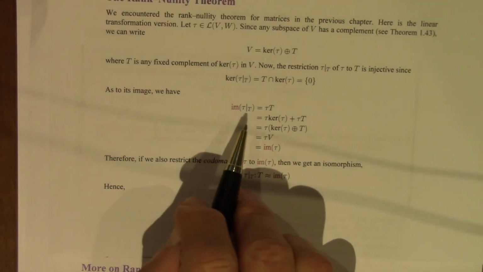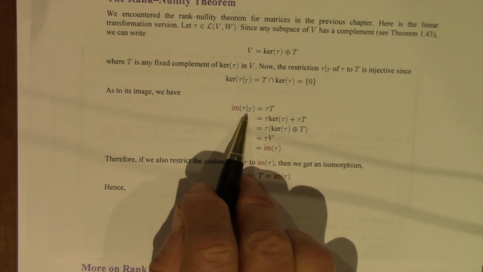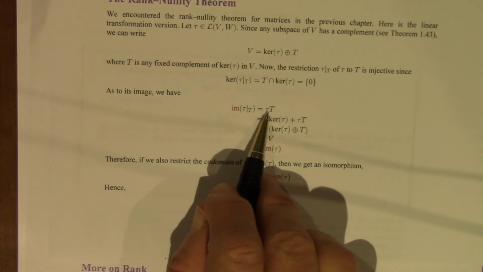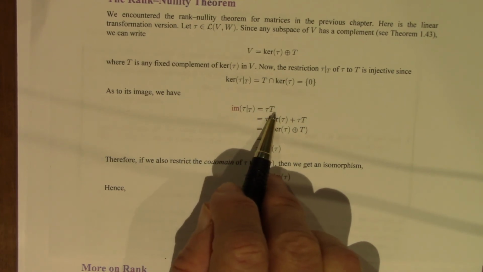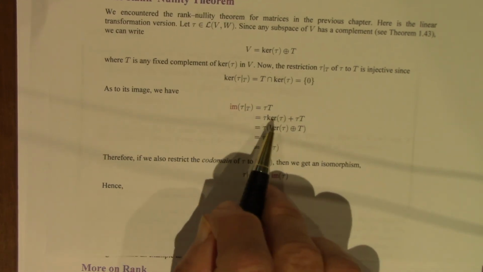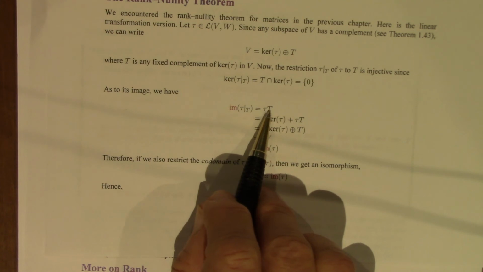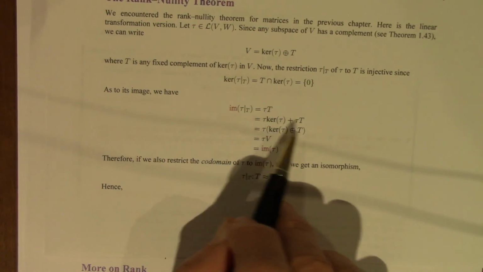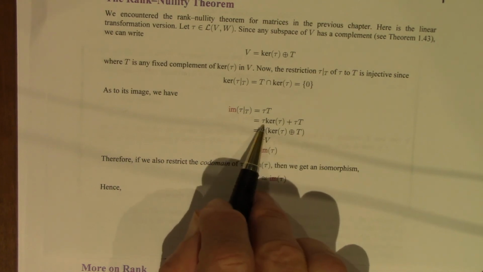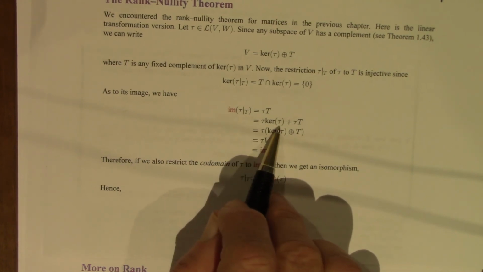As to the image of the restricted map, it is the map tau applied to the full domain, which is T. And here is tau applied to T again. This is tau applied to the kernel of tau, which is trivial.